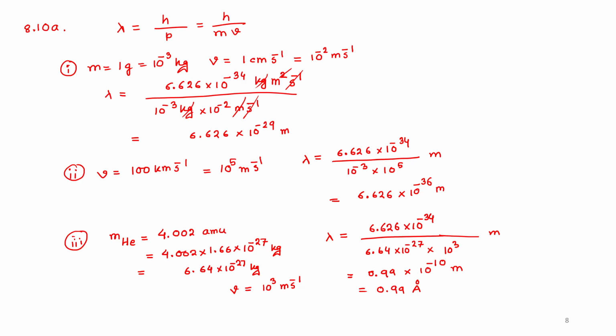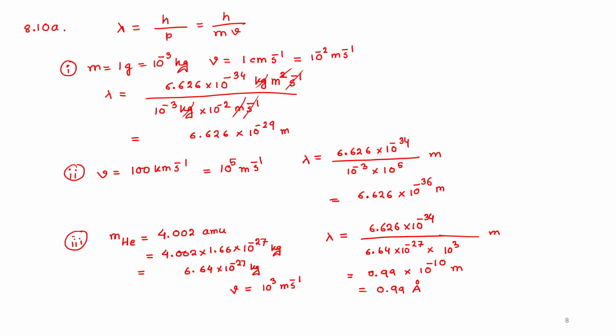What do you think? Can we see these? Can we get the wave nature? We can see the wave nature of helium. Yes. So we will require the distance between two atomic planes to be around 1 angstrom to diffract this, right? 6.64.